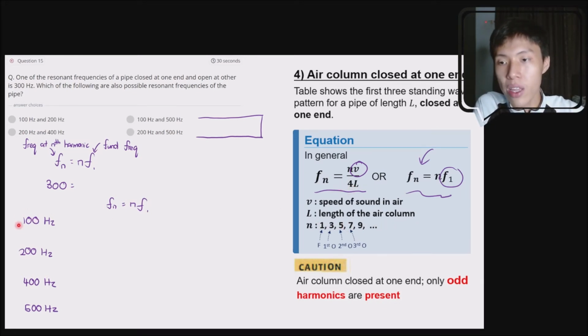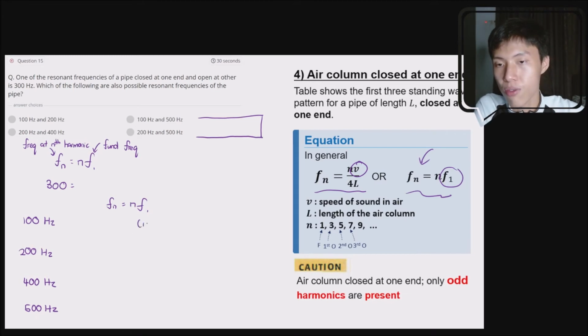Okay, so 100 is definitely smaller than 300, so we know that 100 is more suitable to be the fundamental frequency. Fundamental frequency is always the lowest frequency. Then if you multiply it by the n over here, you get a larger frequency. Okay, so we'll substitute 100 for F1, the fundamental frequency.